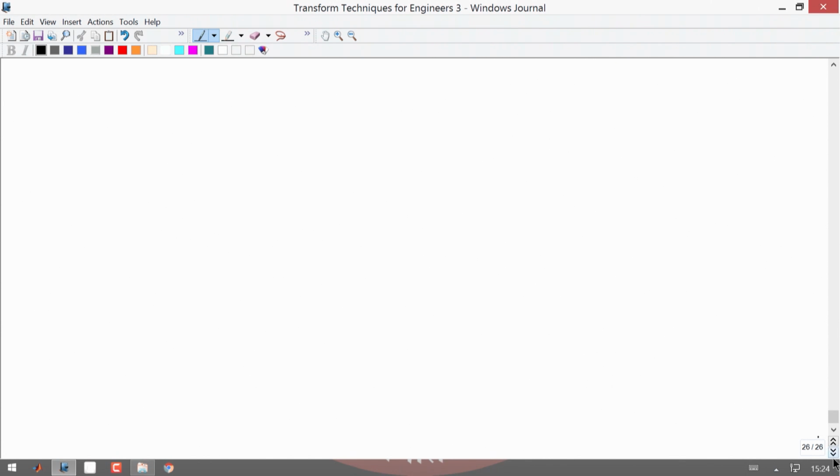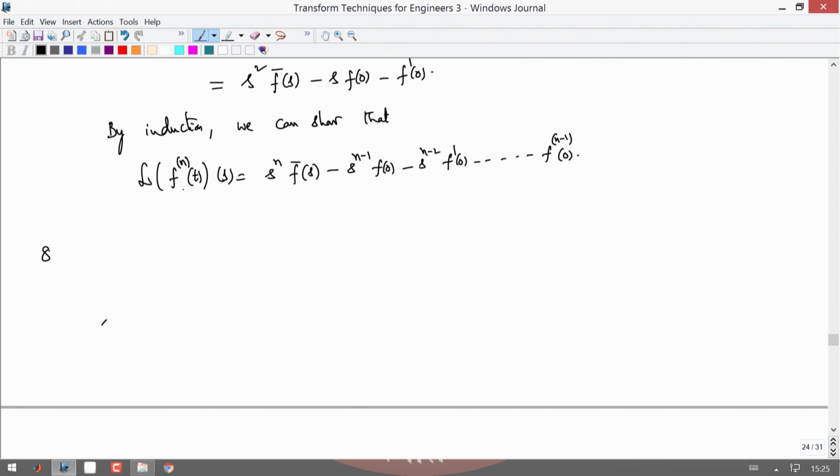For example, convolution of two functions. How do you find its Laplace transform? So, this is property number 7, that is the convolution property.